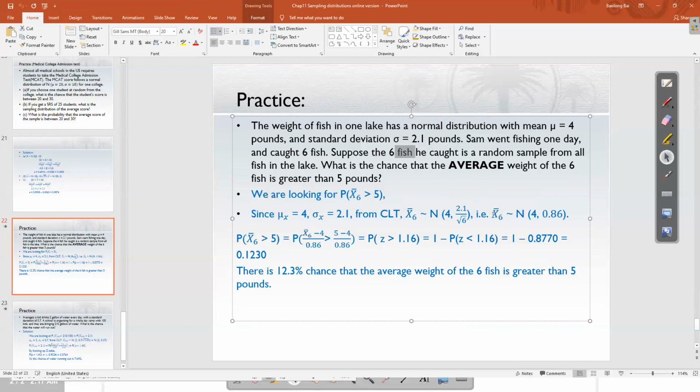So if you do a little calculation, X bar is normal with mean 4 and standard deviation 0.86. So 2.1 divided by square root of 6 is 0.86. Then for the probability of X bar greater than 5, you need to standardize X bar using the distribution of X bar, right? And then it becomes a Z event. Watch out for the sign, greater than sign, subtract from 1, right? And you look up in the Z table, you have 12.3%.